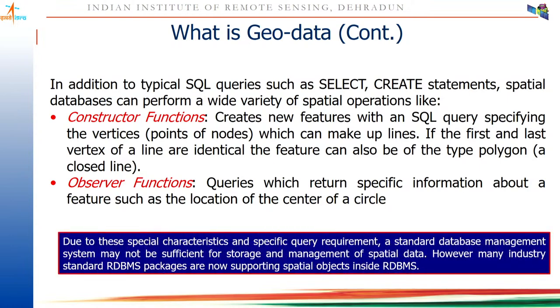Due to these special characteristics and specific query requirements, a standard database management system may not be sufficient for storage and management of spatial data. However, many industry standard RDBMS packages are now supporting spatial objects inside the RDBMS. Suppose you are taking MySQL or PostgreSQL or DB2 or Oracle, any database management system, and you are willing to store your vector data and raster data inside the DBMS.